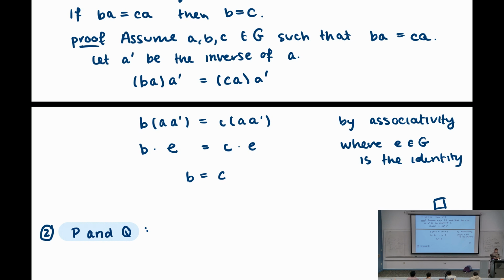To do this, you would just need to prove P is true, and then follow that up by proving that Q is true. So you have to prove each statement individually.